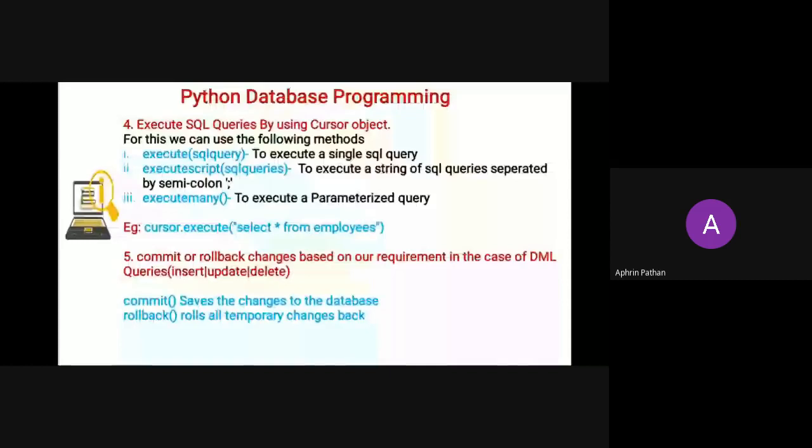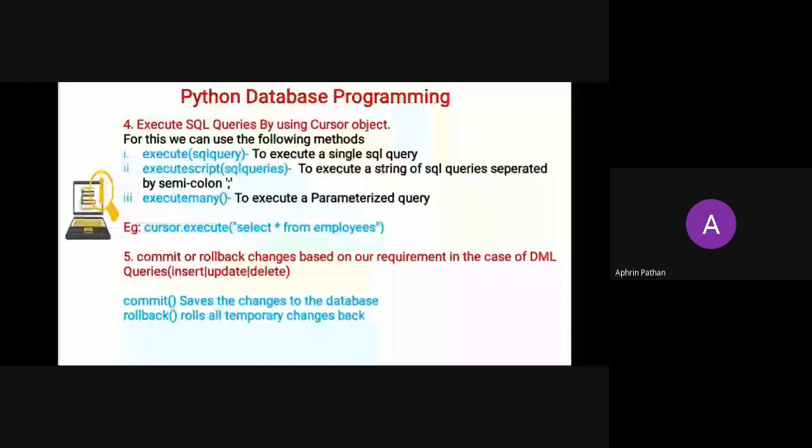So this is the fourth step. Then the fifth step, commit or rollback changes based upon your requirement. If you are passing any DML queries, data modification queries, if you are firing insert, update, and delete, then you require commit and rollback. Commit will save the changes to the database, and rollback rolls the temporary changes back.